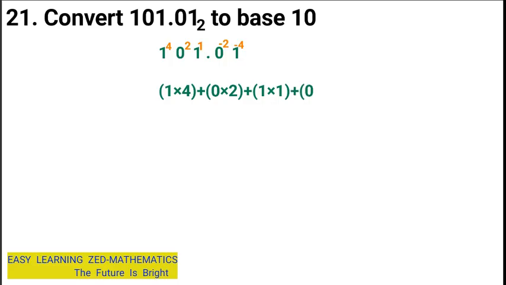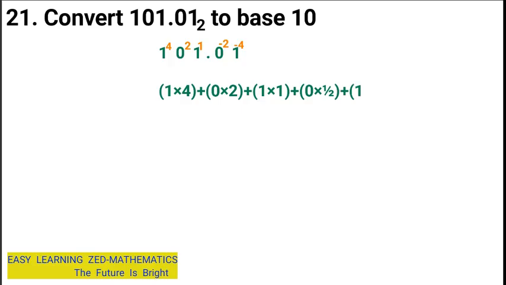Now since the place value of this digit is negative, I'm going to get rid of the negative by writing the power as a fraction, which is going to be 1/2. So multiplied by 1/2. This will also happen to the negative sign on the next one, which is 4. So I'm going to write plus 1 multiplied by 1/4.